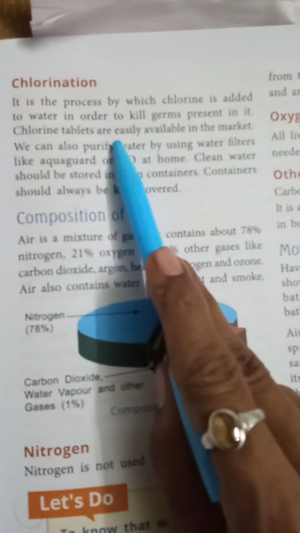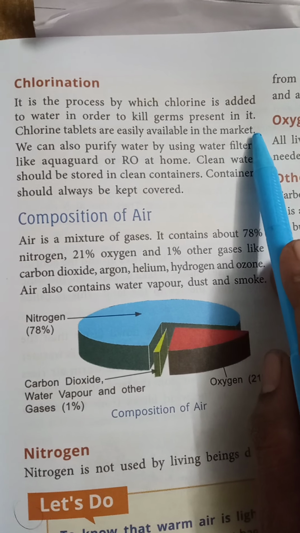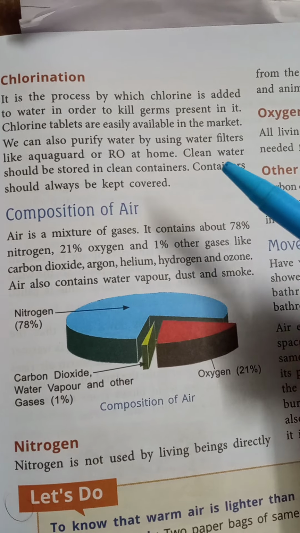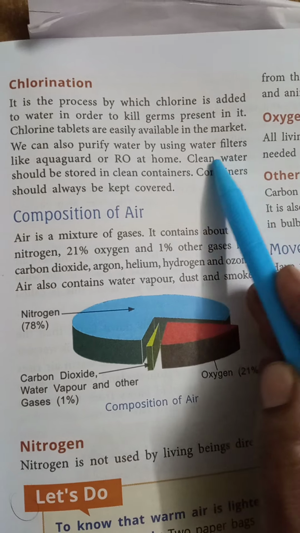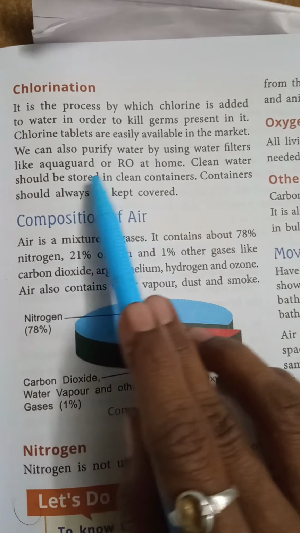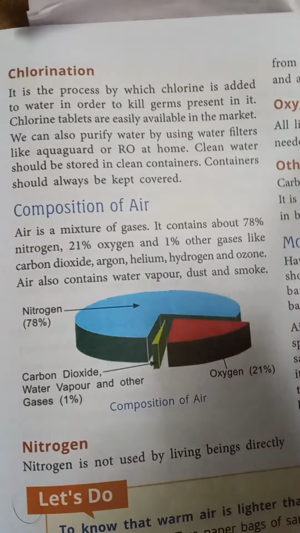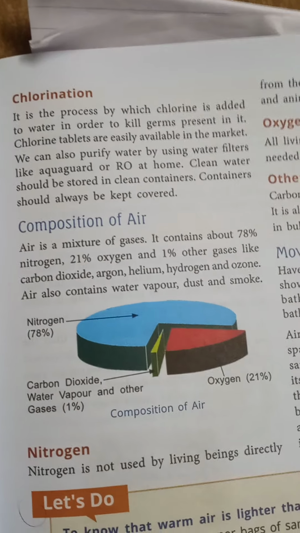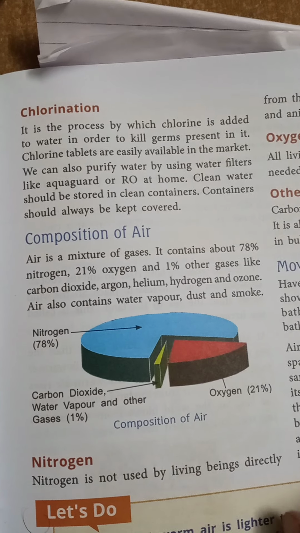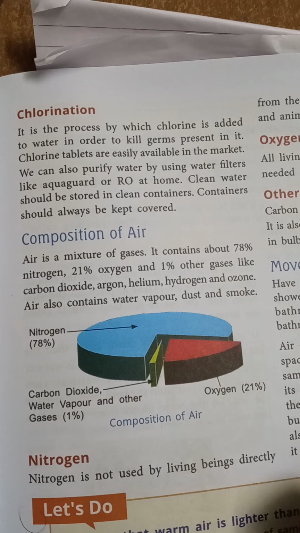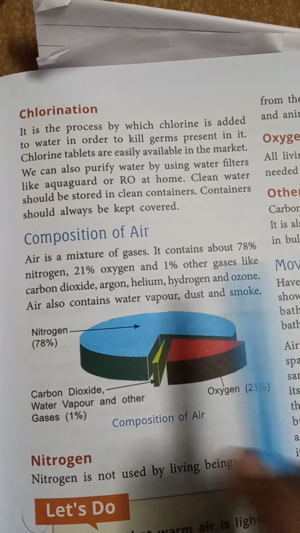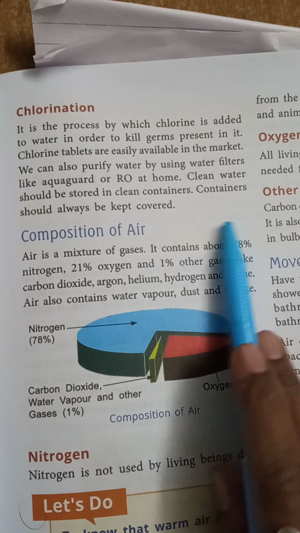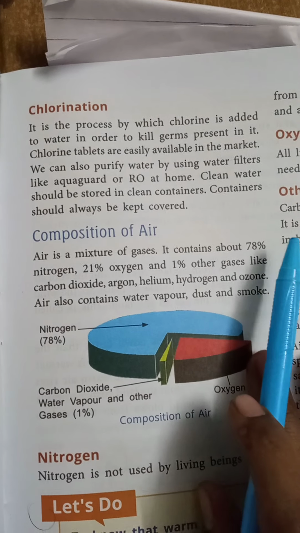Chlorine tablets are easily available in the market. We can also purify water by using water filters like the AquaGuard or RO at home. At our home, generally RO or AquaGuard is used to clean the water. Clean water should be stored in a clean container, and the container should always be kept covered.